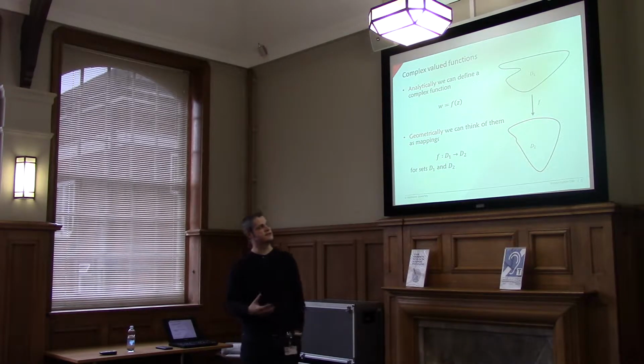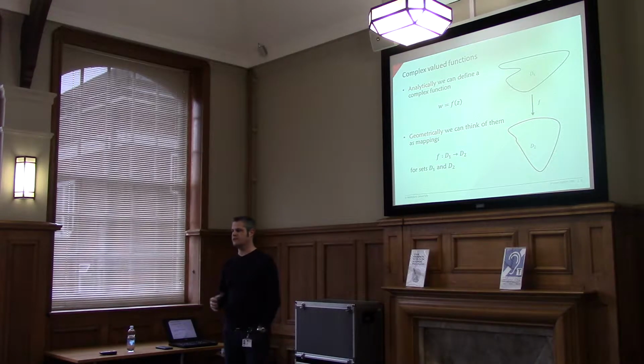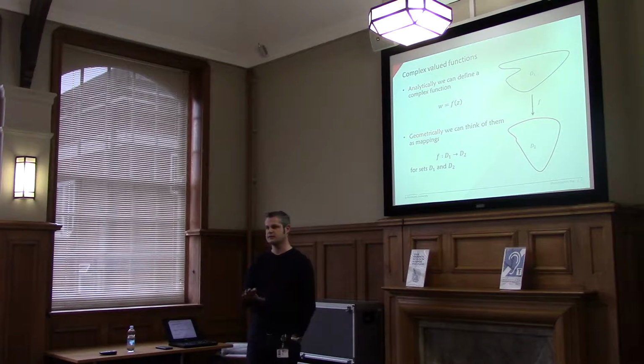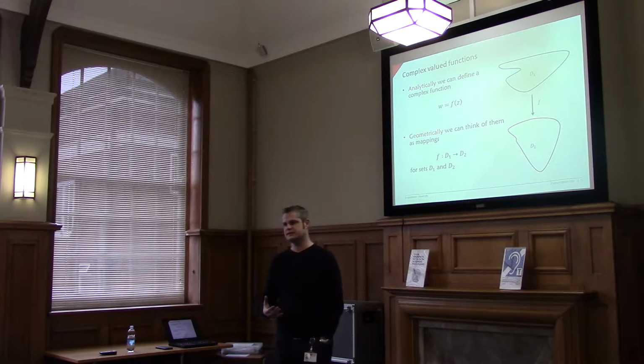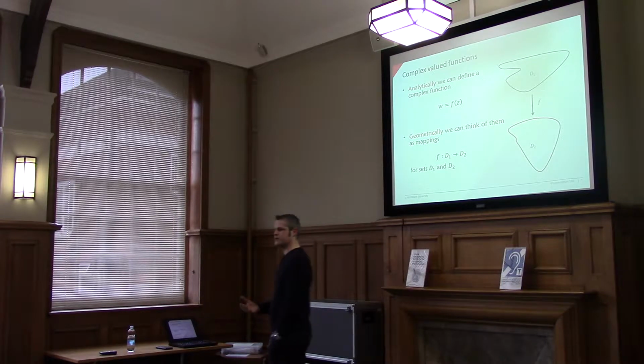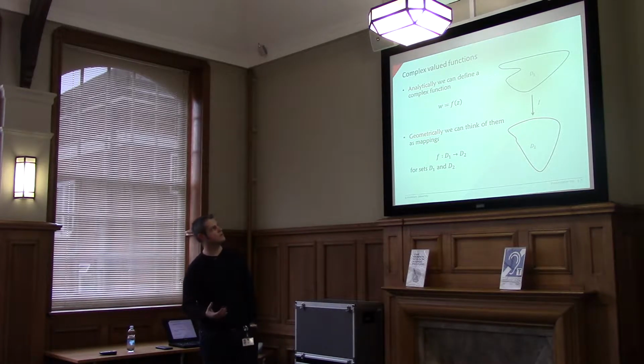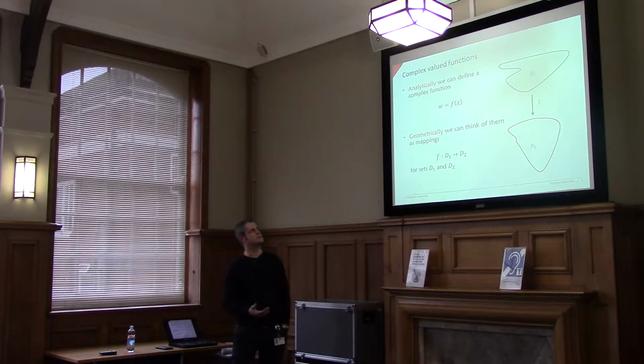And this goes on towards when you start looking at functions of complex numbers. Functions of complex numbers, you can think of them in two different ways as their definition. So things like z squared would be a function. But really, the way it's best to think about complex functions is as mappings from one complex plane to another complex plane.